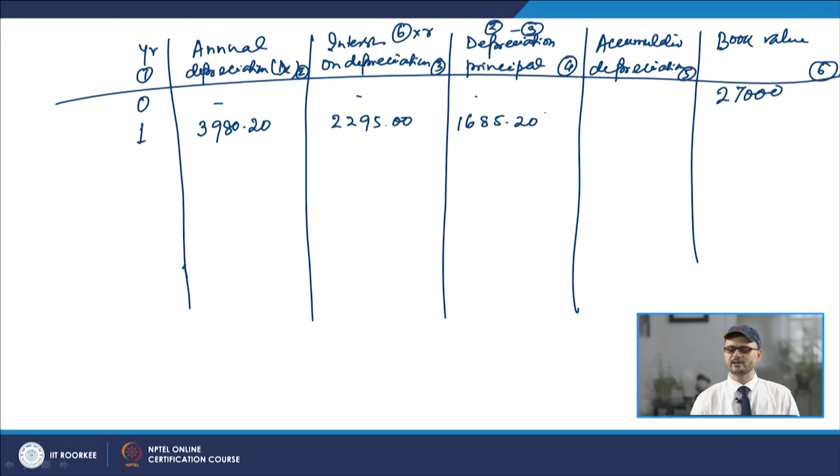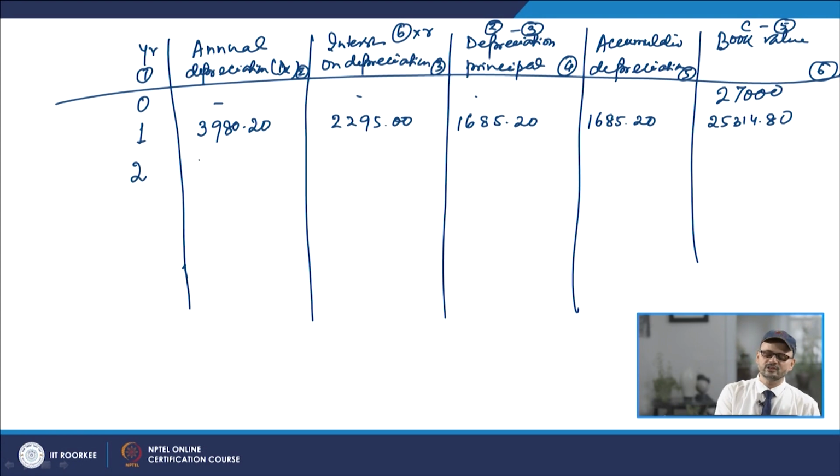This is your accumulated depreciation at this stage, 1685.20, and the book value will be the cost minus column 5, whatever you calculate. So, you are getting 25314.80. That is how you are going to calculate this depreciation schedule. Now, you can go to the second year.